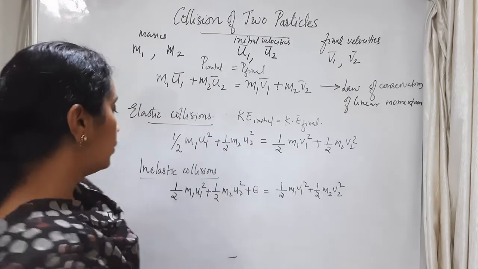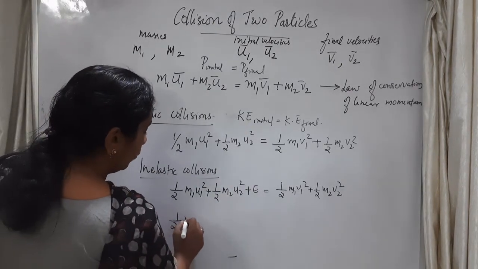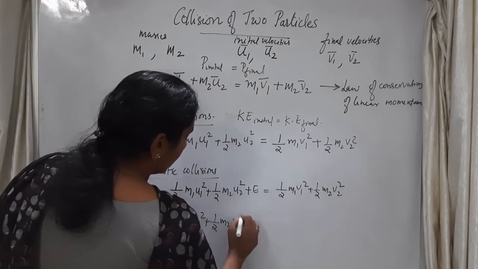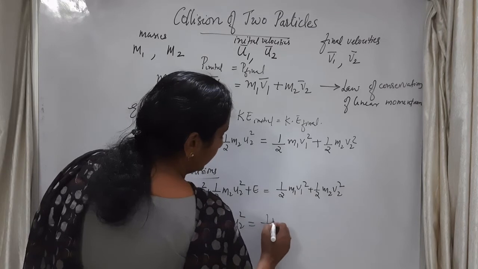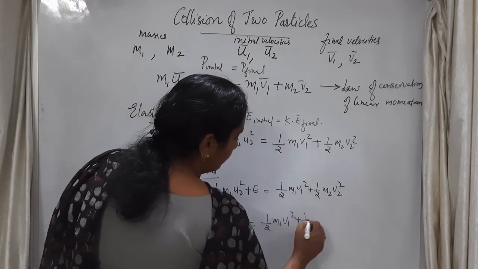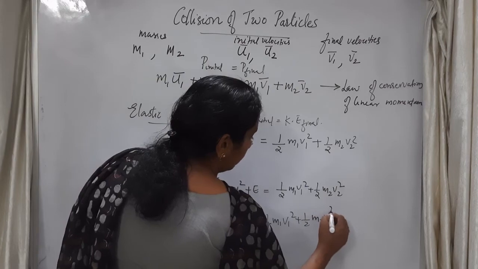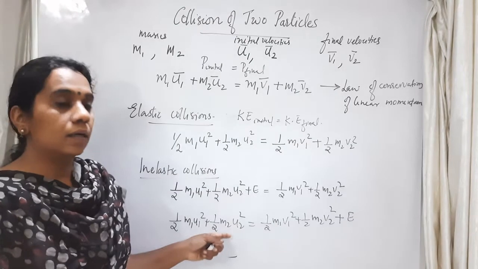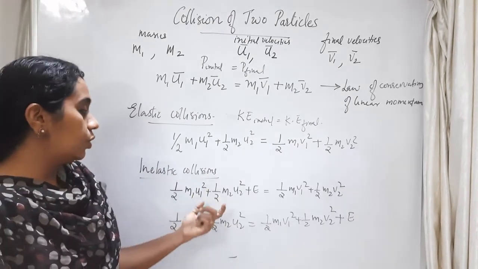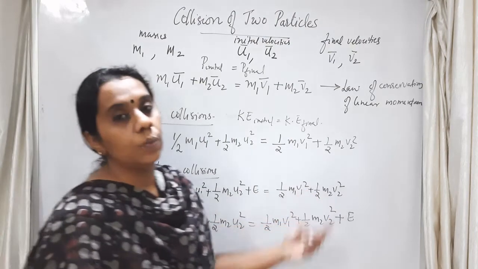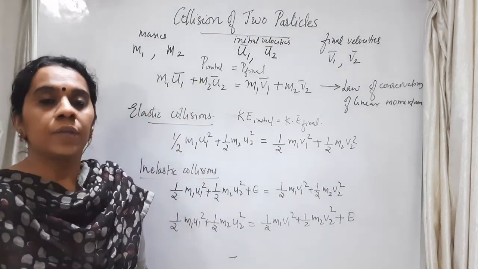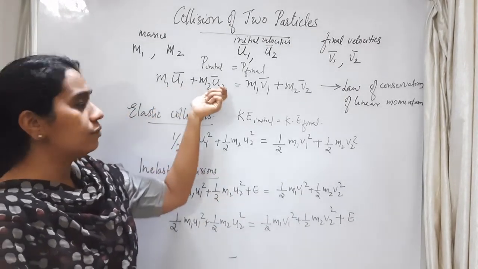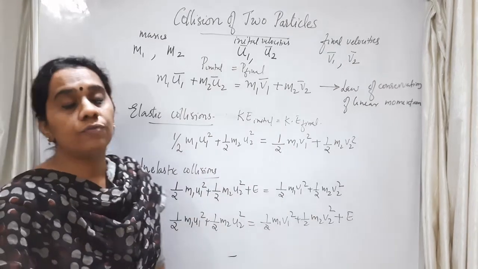So you can write the equation as half m1 u1 square plus half m2 u2 square is equal to half m1 v1 square plus half m2 v2 square plus E. Both these cases are inelastic collisions, because the total initial kinetic energy will not be equal to the total final kinetic energy.